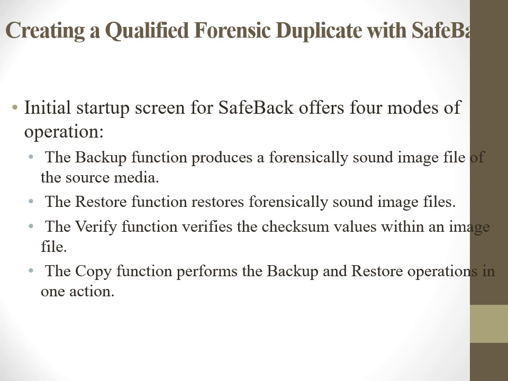The restore function restores forensically sound image files. The verify function verifies the checksum values within an image file. The copy function performs the backup and restore operations in one action. Those are the 4 modes that you should expect to find when you're using SafeBack to create a qualified forensic duplicate.